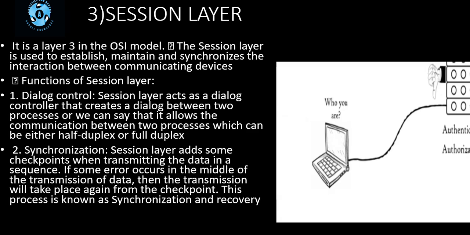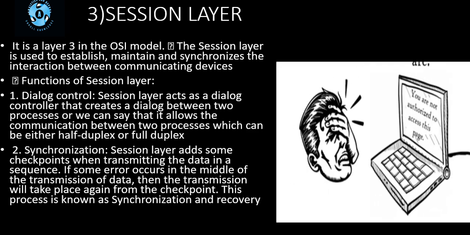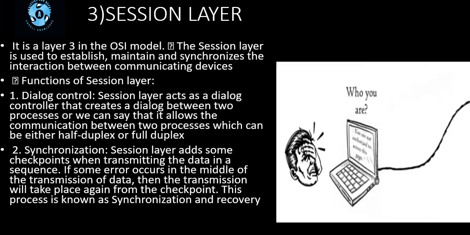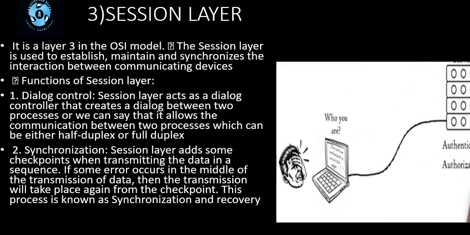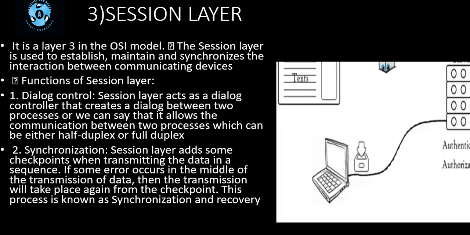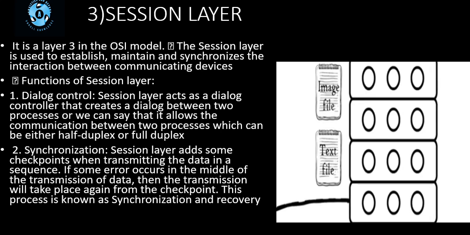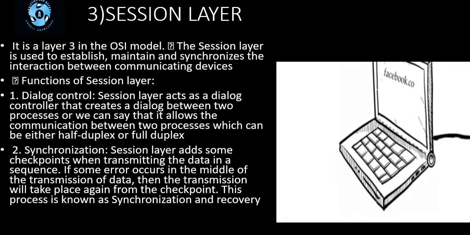Now suppose you are not an authorized person and you send something, then if authentication and authorization is not done, the data will not be transferred. It keeps an eye on the information or the message that you are going to transfer. For example, if you are going to transfer text or images, the text or images will be maintained in separate files inside the system.